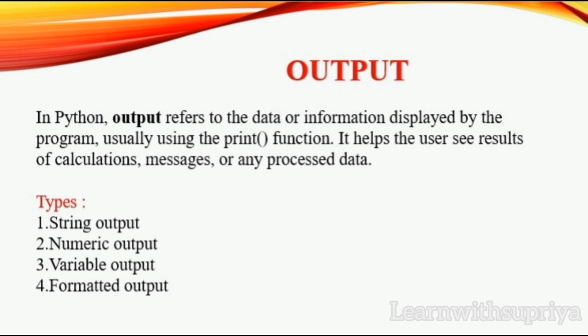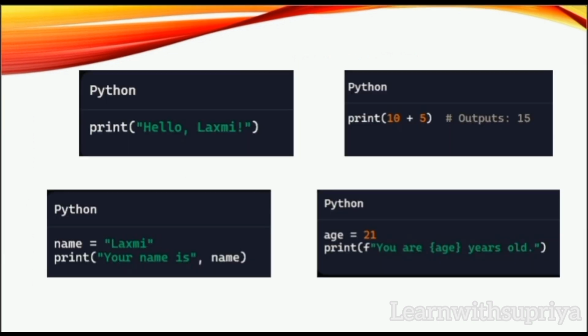Coming to the output, in Python, output refers to the information displayed by the program, usually using the print function. It can be simple text, numbers, variables, or even formatted results. For instance, printing a message like print("Hello, Lakshmi!") displays a string output.